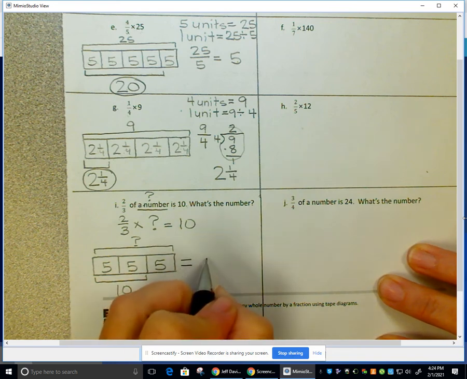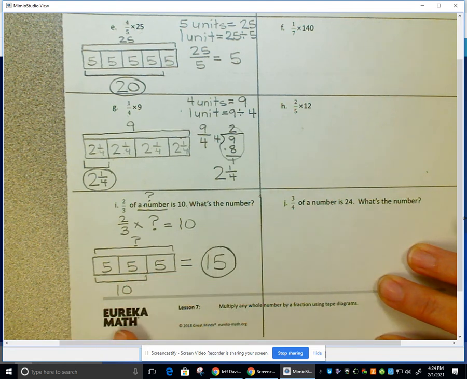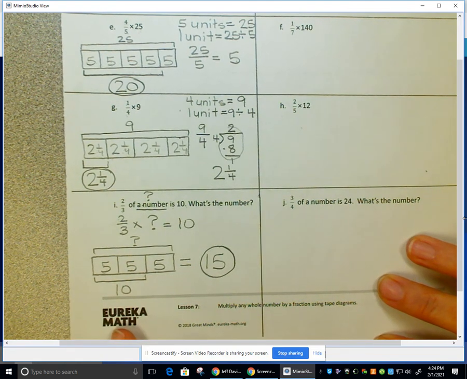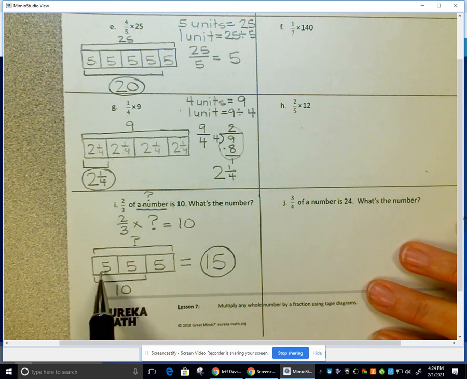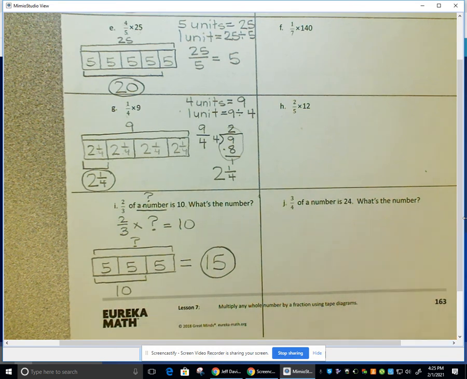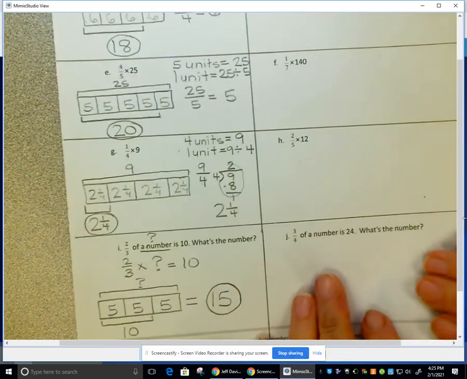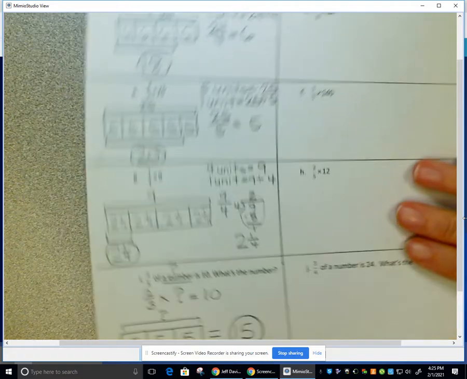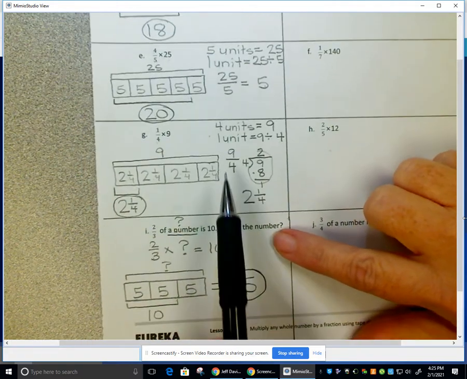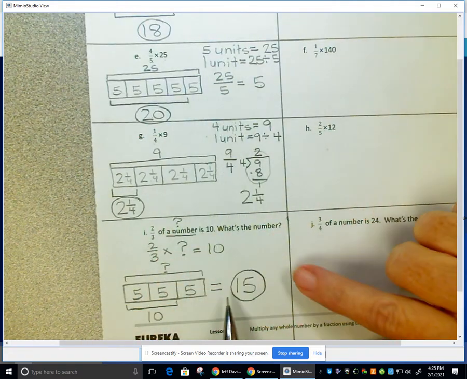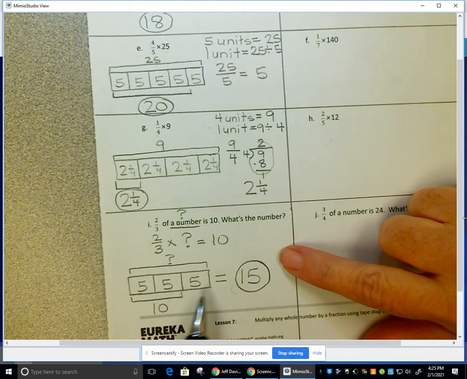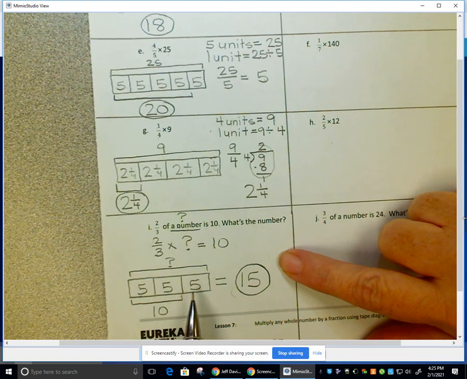I hope you're saying 15, because all of these together would add to give me 15. And by the way, on this one, I didn't do the units like we did on the others because it sort of started coming together when we got it right here. And I thought that would be a little easier for you.